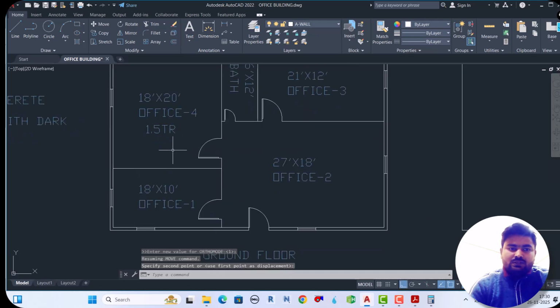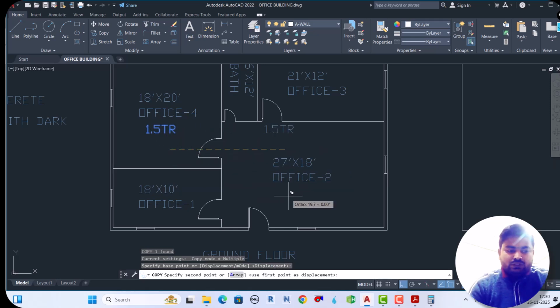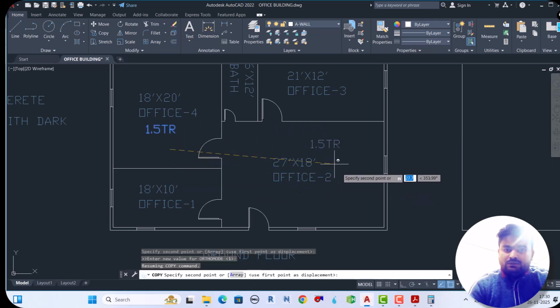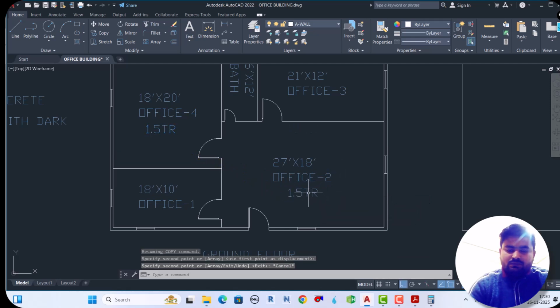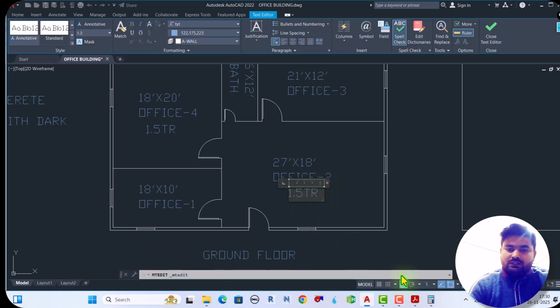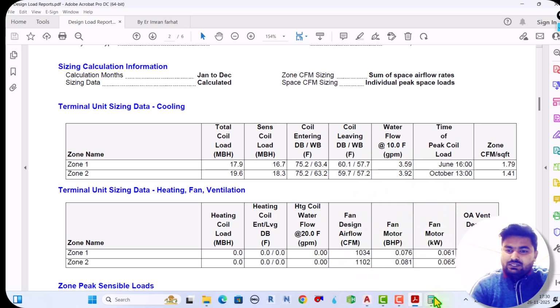Okay, similarly for this, zone 2 is 19.6 MBH, right?